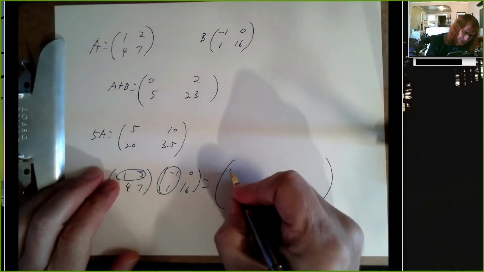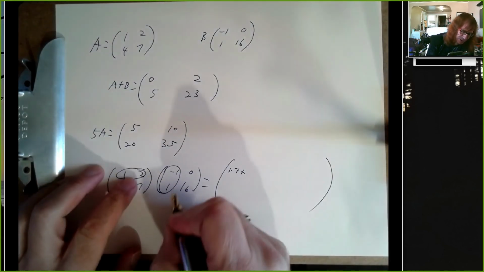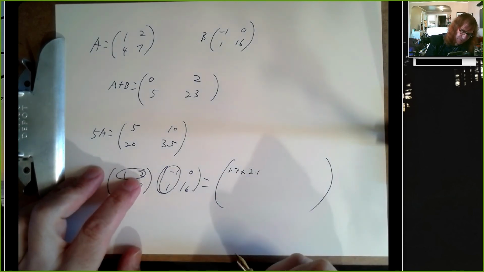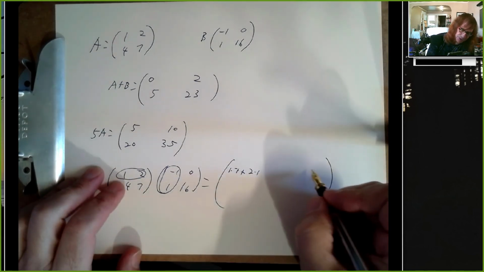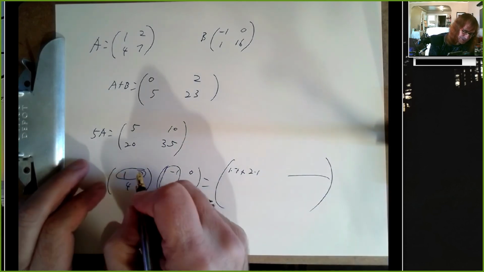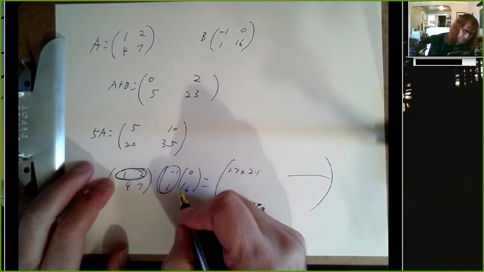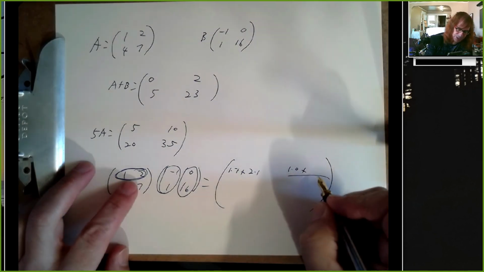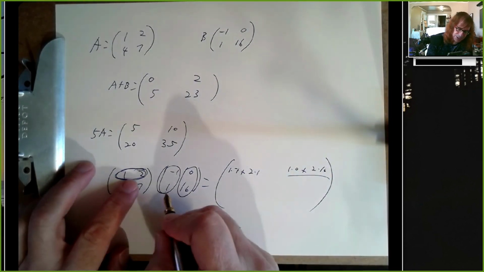So this is 1 times negative 1 plus 2 times 1. First row, second column, this value right here will be first row here dotted with the second column here. So 1 times 0 plus 2 times 16.